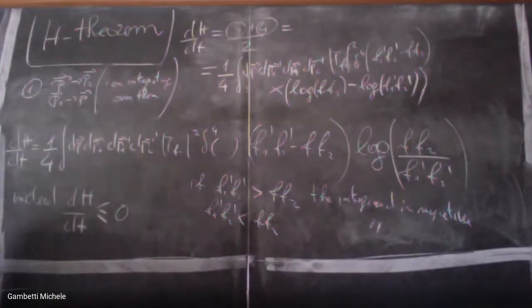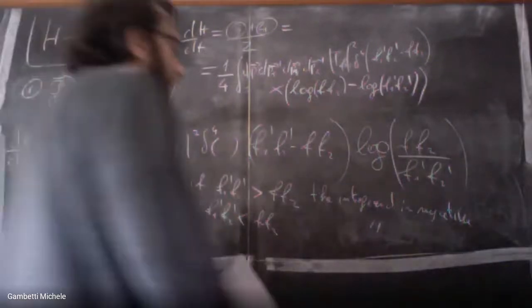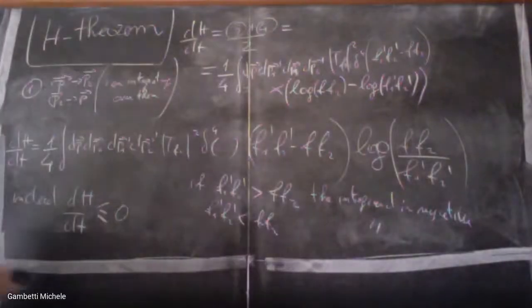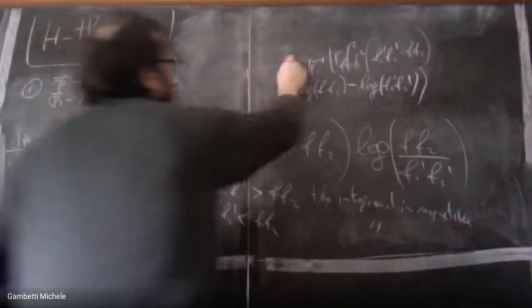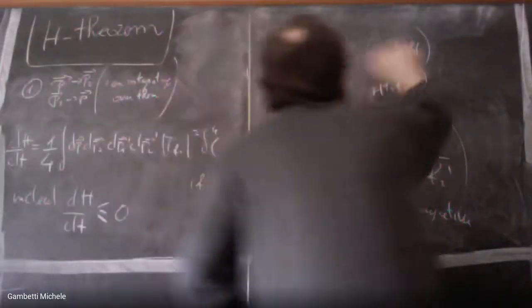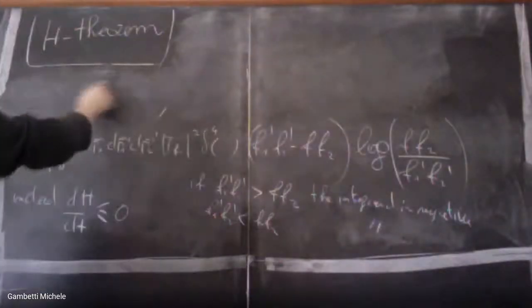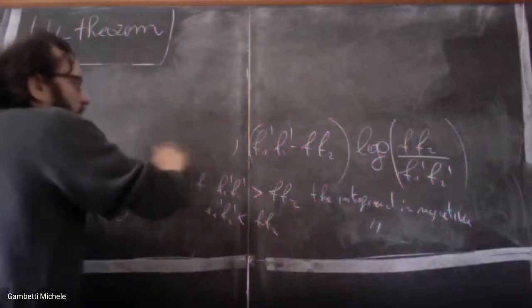So the derivative of this quantity is always negative. So I have a quantity that defines a specific direction for the evolution of time, which is the one for which h is decreasing.